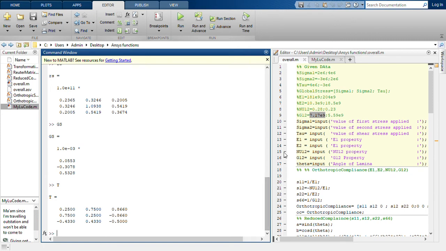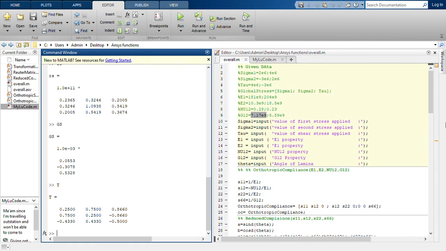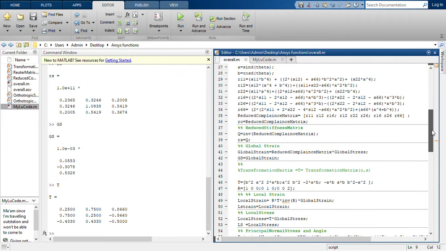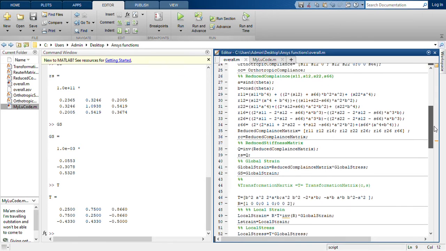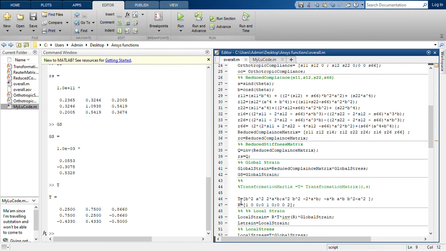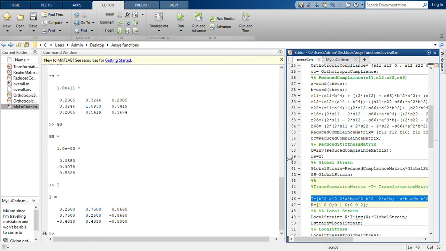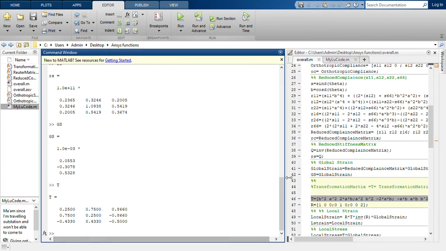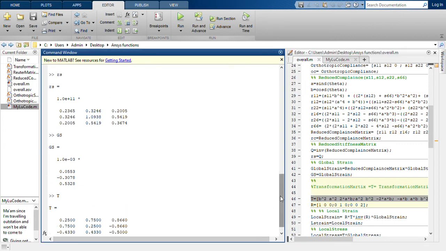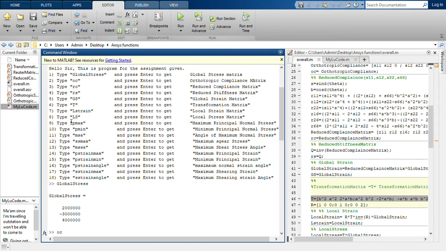Again, in the code you can see this is not hardcoded. It is totally based on the input given, so everything is in real time according to your input.